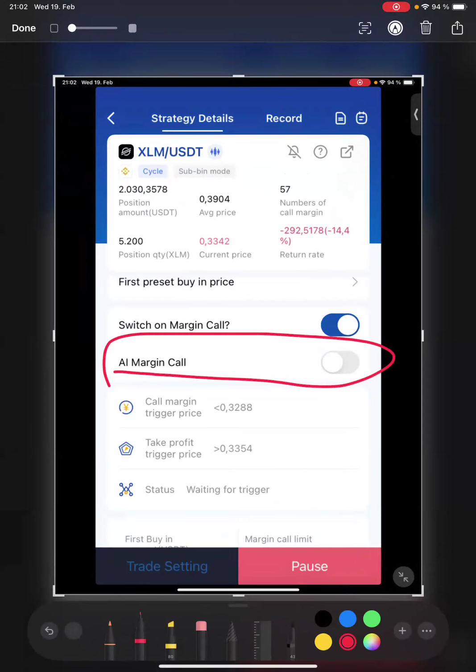You might have a drop of 5% on the fifth margin call, but it will not buy because it's monitoring to see when it's necessary to buy. For people who do not have enough trading capital, it's good to turn this on so it will not exhaust your money faster.